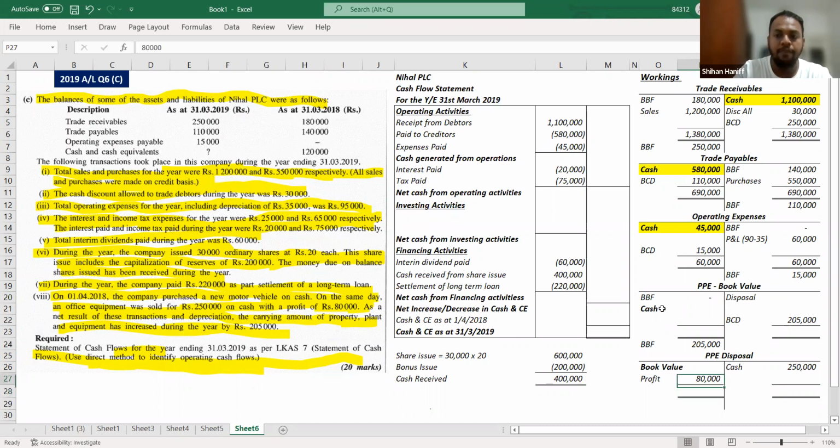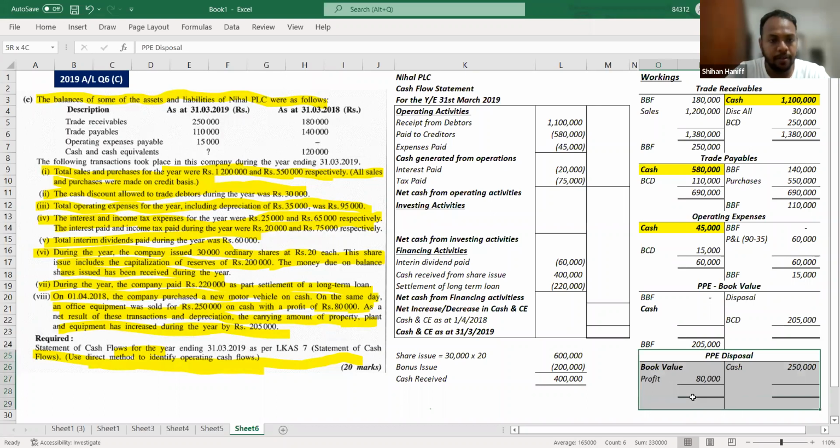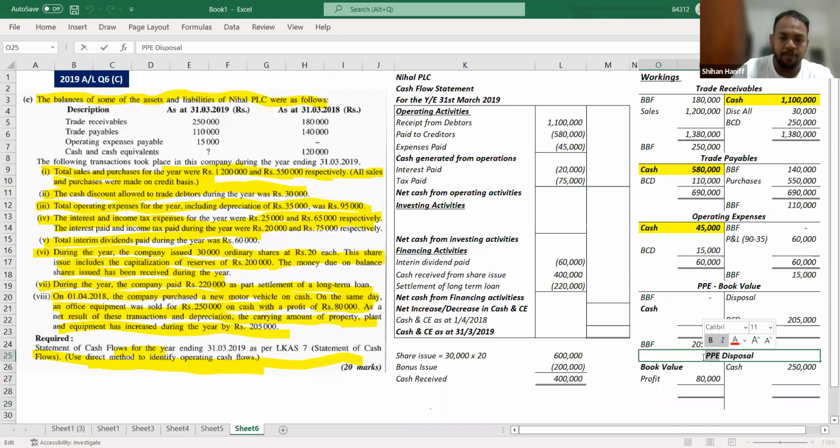Now, what is the carrying value of the disposed office equipment? The office equipment disposal. 250 minus 80 is 170.